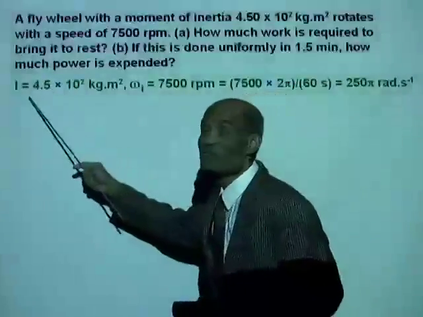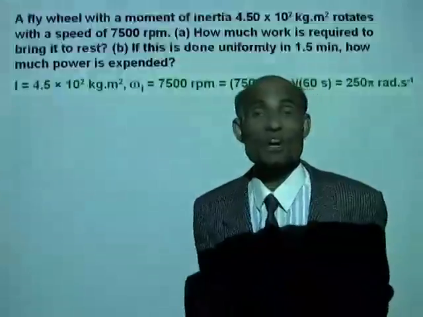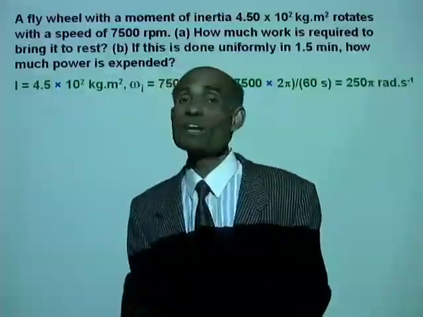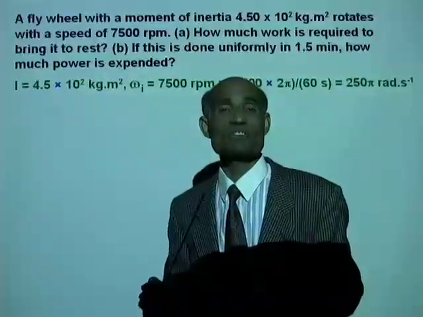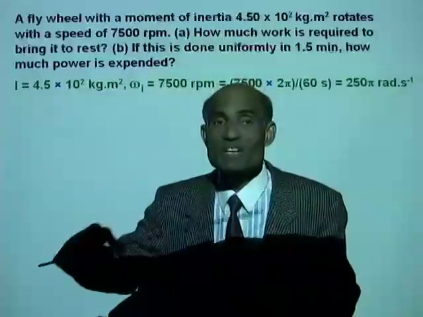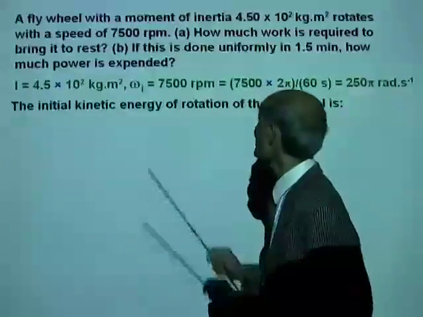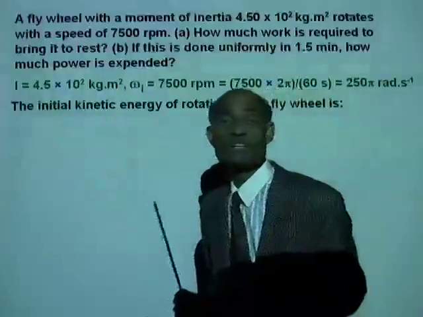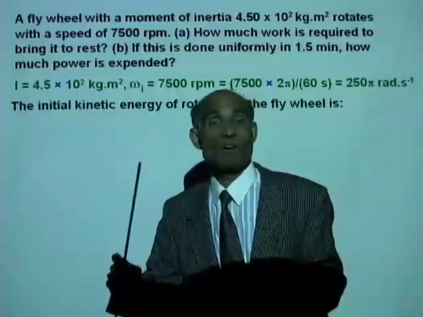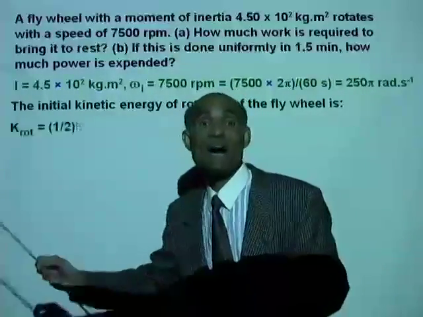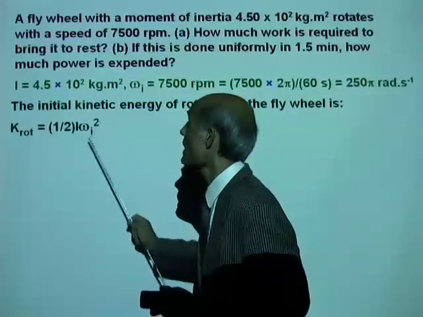You know the moment of inertia, you know the angular velocity of rotation. Tell me, what is the kinetic energy of rotation? The initial kinetic energy of rotation, Ki, is 1/2 I omega I squared.